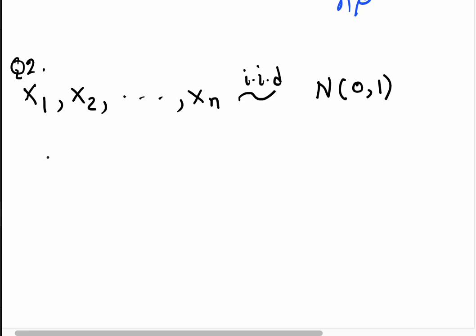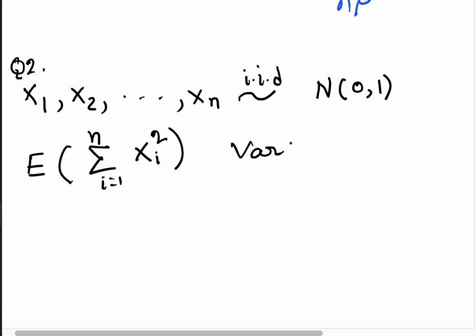Now we have to find the expectation value of the summation of i equal to 1 to n of xi square, and the variance of the summation of i equal to 1 to n of xi square.